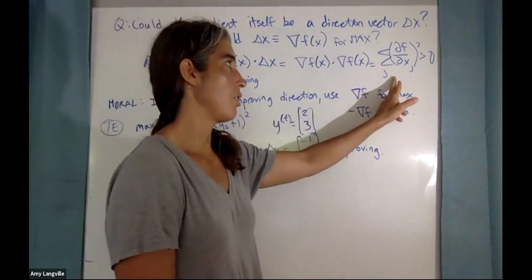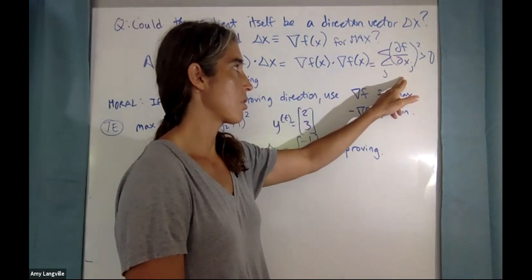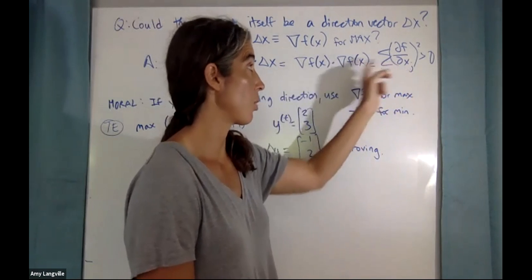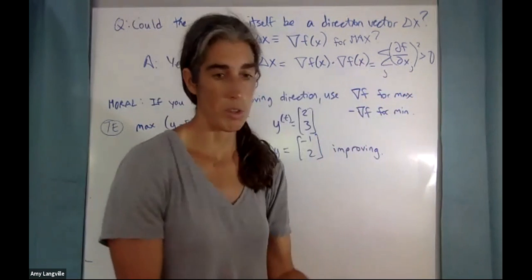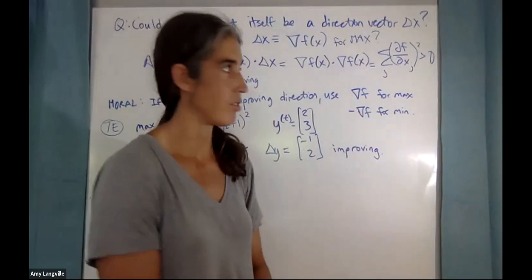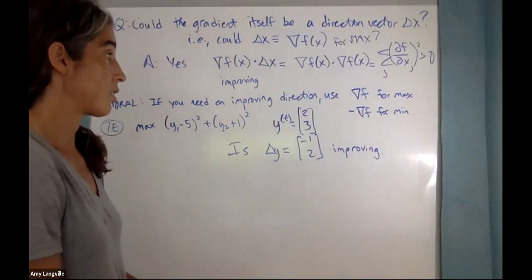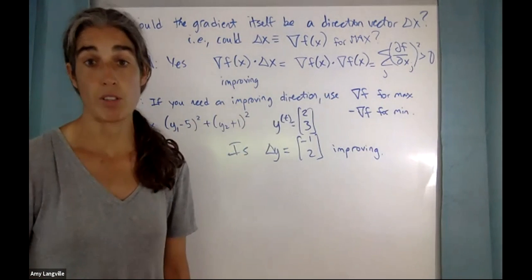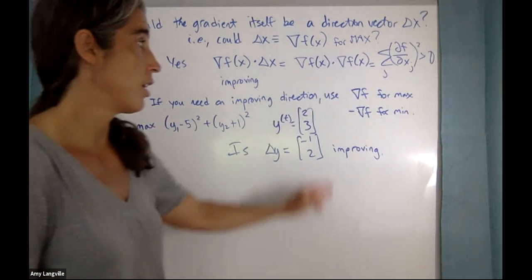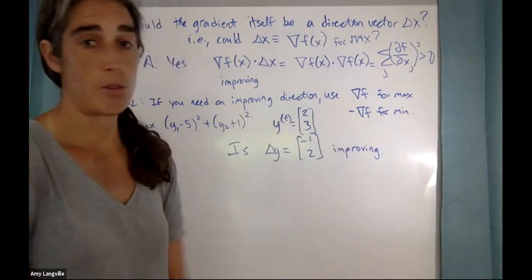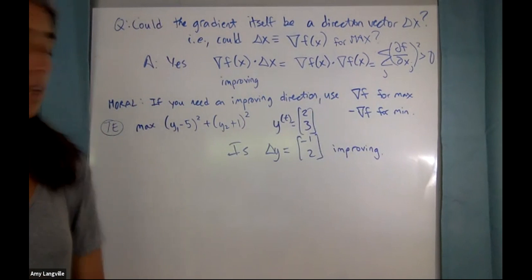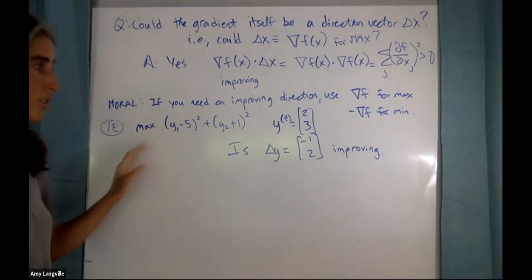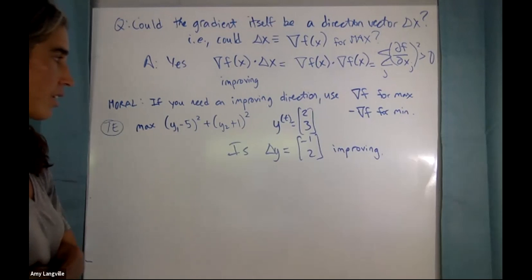You're doing a sum of a bunch of partials that end up being squared because you're doing it with itself. Squaring a bunch of things and summing them has to be greater than 0, so we know that's a good idea. That's an improving direction. So here's the moral: if you need an improving direction, a great one to choose is the gradient for a maximization and the negative gradient for a minimization.